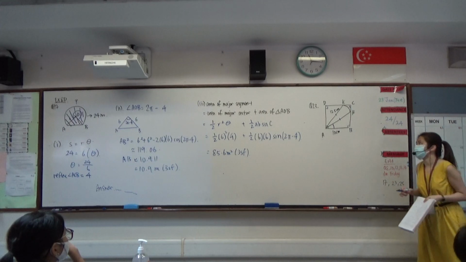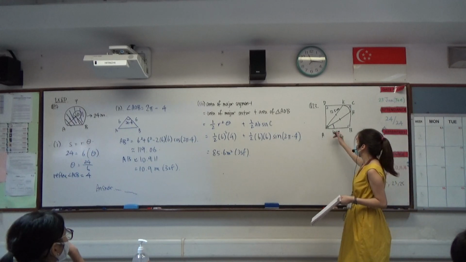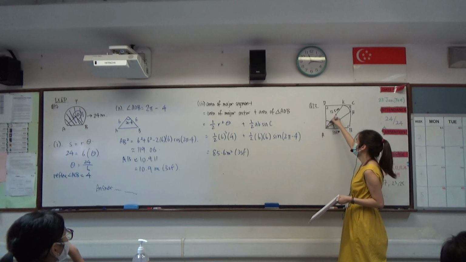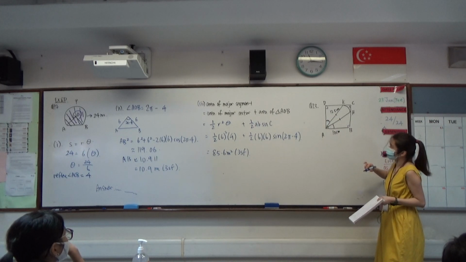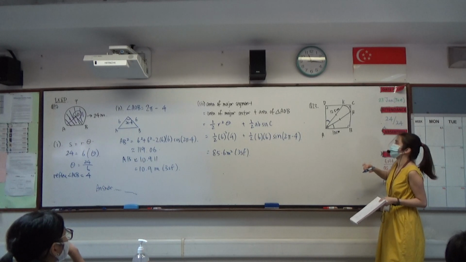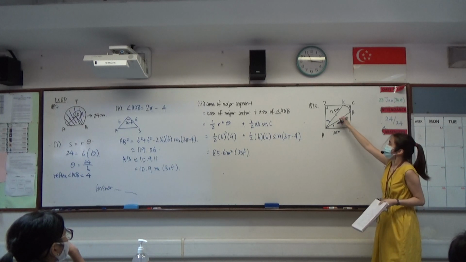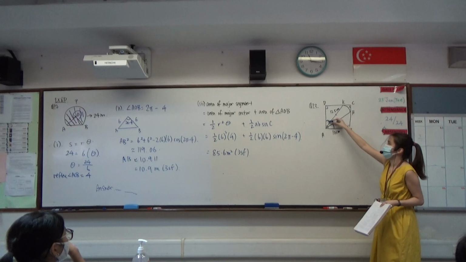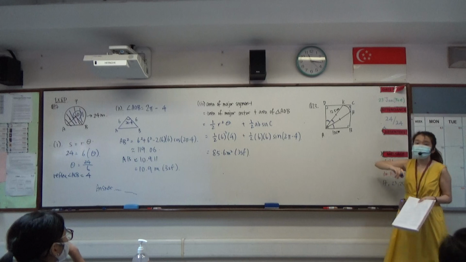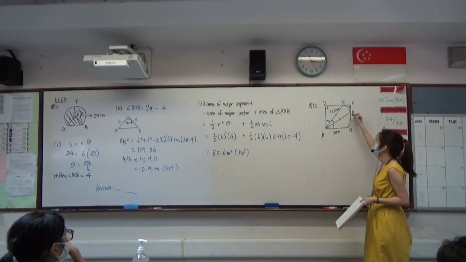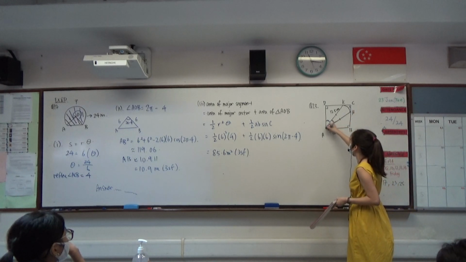If I can find out this angle, then I can also find out this angle here. They are going to be the same value, let me explain later on. Then after that, I can take 90 degrees minus away these two angles, and I will be able to get what I want.